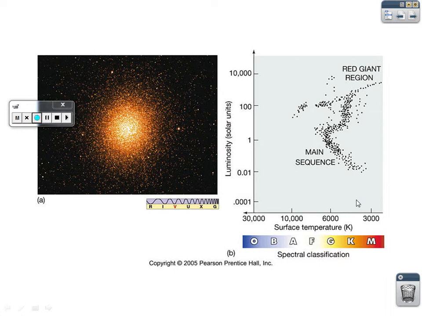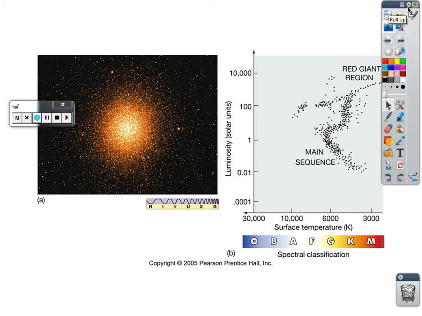There is a picture of a globular cluster over here. I've forgotten which globular cluster that was. And over here on the left is its Hertzsprung-Russell diagram. We've taken each of the stars in here and plotted them on a Hertzsprung-Russell diagram. And what do we notice? We notice a few things. I'll put the main sequence back on.